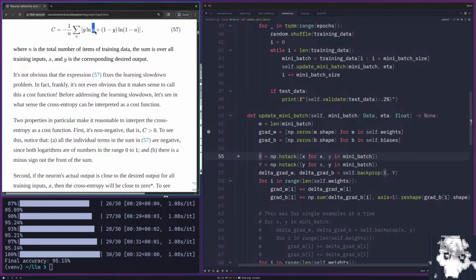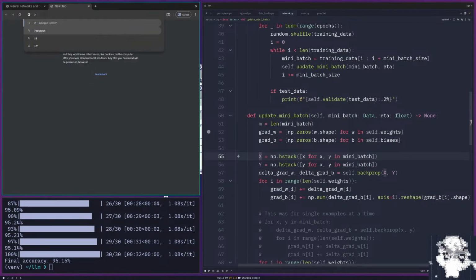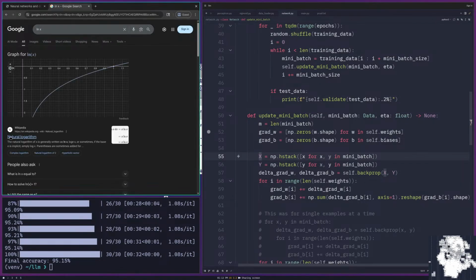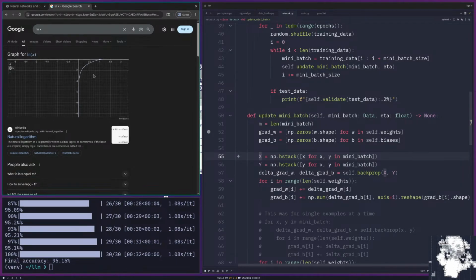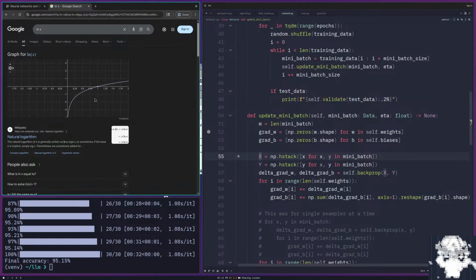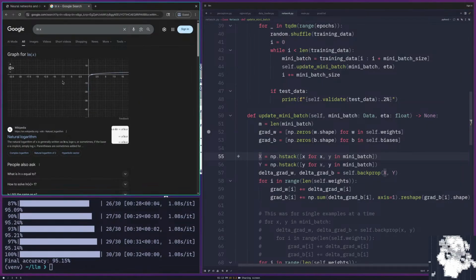If you're using a different activation function, a or ln of a might not be negative. What does ln of a look like? It looks like it's undefined less than 0.